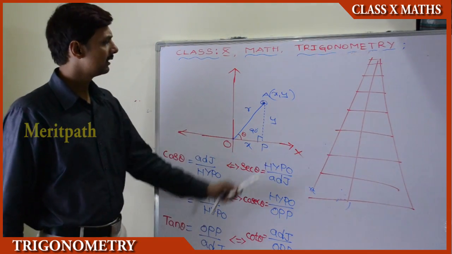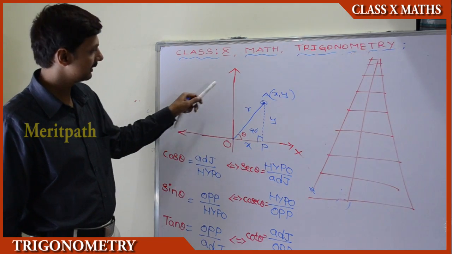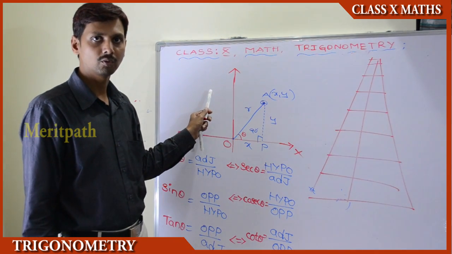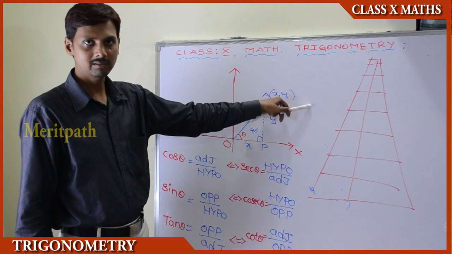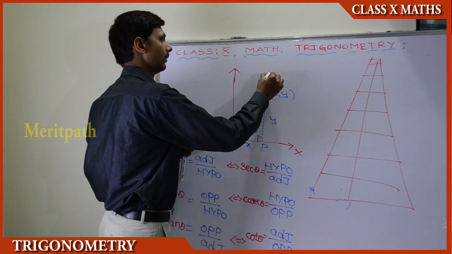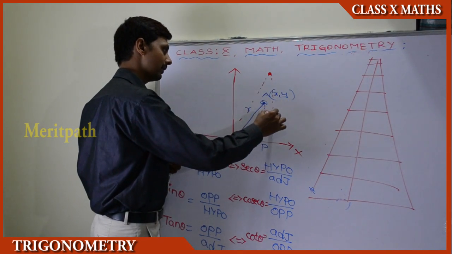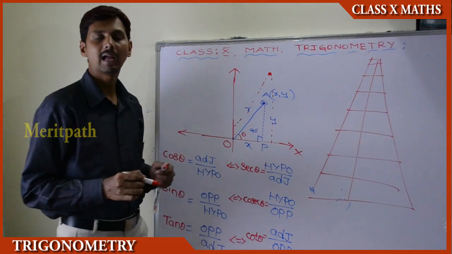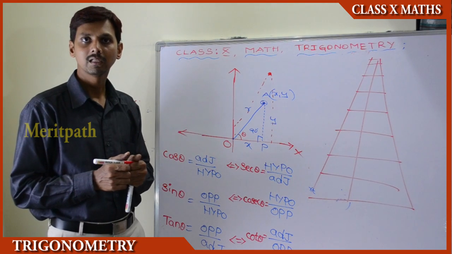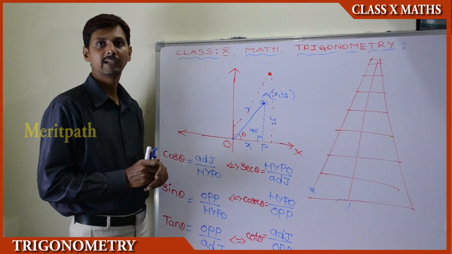If we take the point somewhere else, maybe here or here, on this coordinate plane, there will be a different distance and a different height. The angle may also change, but the ratio of the sides will be the same.